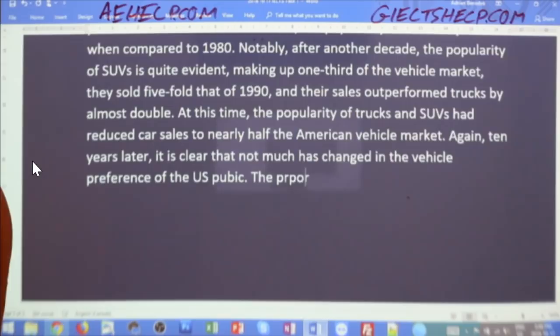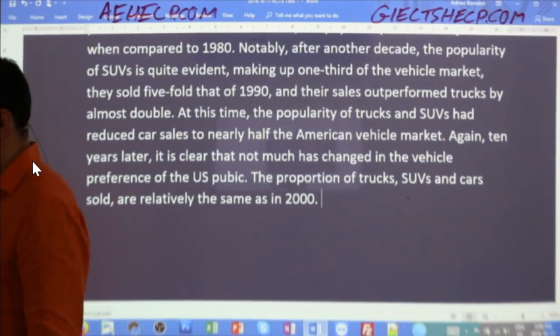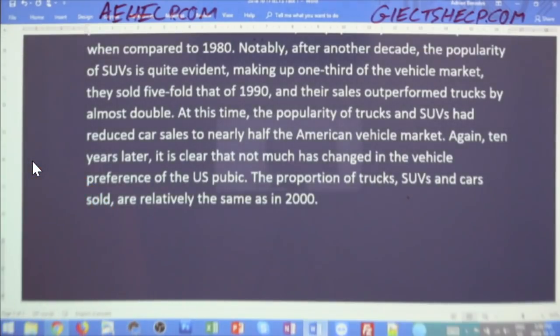The proportion of trucks, SUVs, and cars sold are relatively the same as in 2000. Okay, so that would be one way to do that.